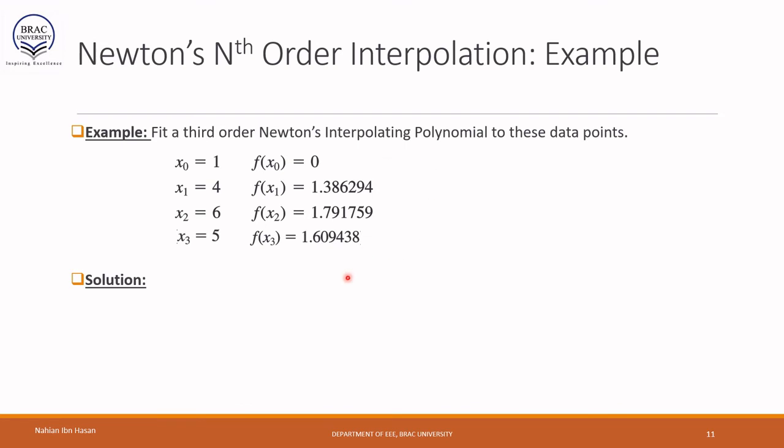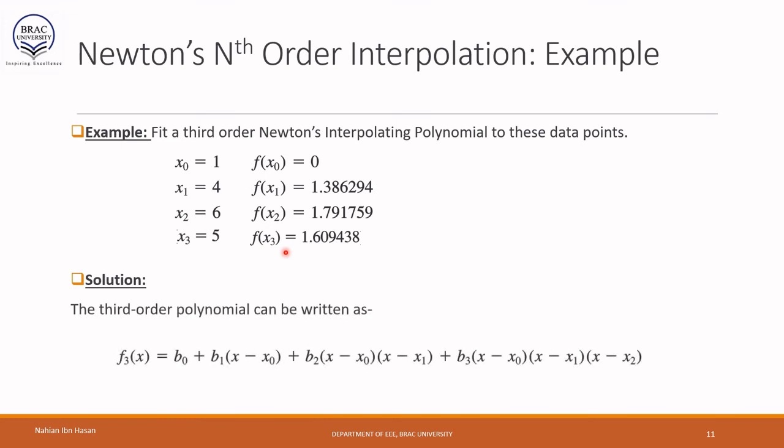So we are going to use the chart that we have just seen. Let's see how we can do that. Since we are going to implement a third order interpolating polynomial, we need to have 4 data points, and we are already given the 4 data points. The general expression for the third order polynomial can be easily written something like this. We have already seen how the second order interpolating polynomial was written up to the third term. For the third order interpolating polynomial, we need to express the equation up to the fourth term.